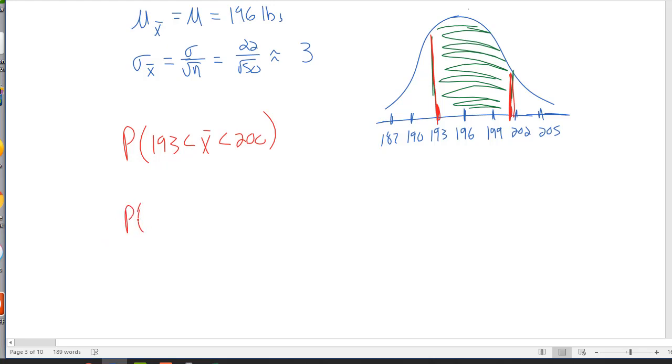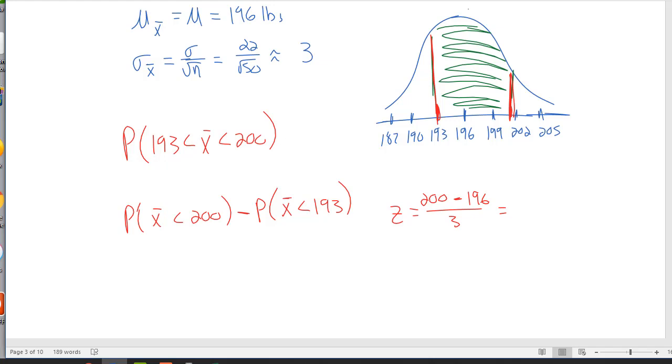So doing this again using a table, what's the probability my mean is less than 200, and I'm going to subtract the probability that my mean is less than 193. If I'm doing this on a standard normal table, I need to convert each of these to z-scores. So what's the z-score for a value of 200? My mean was 196, my standard deviation was 3, and that gives me 1.33.